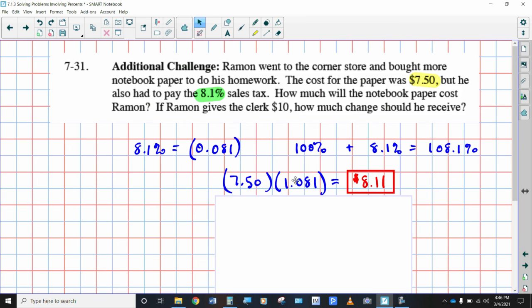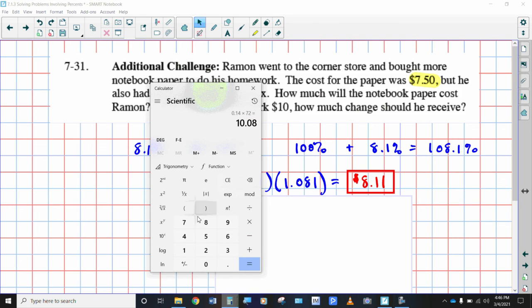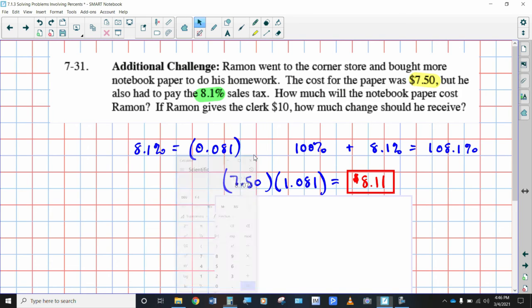So let's take 1 and add this decimal number to it to give us 1.081. So when you take your calculator and you multiply the price of the notebook paper times our multiplier, we should get the new price that rounds up to $8.11.